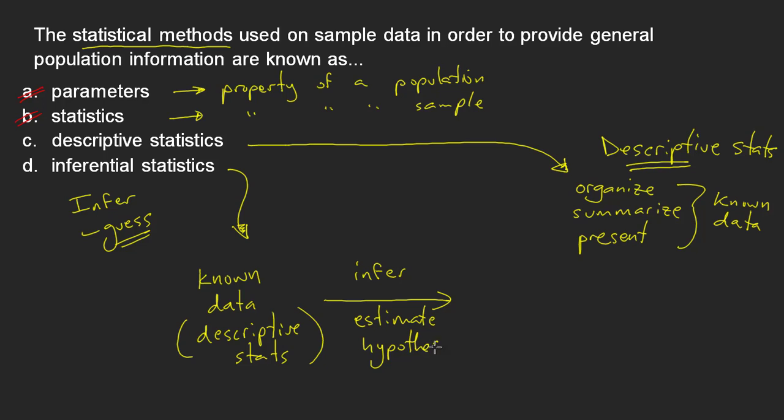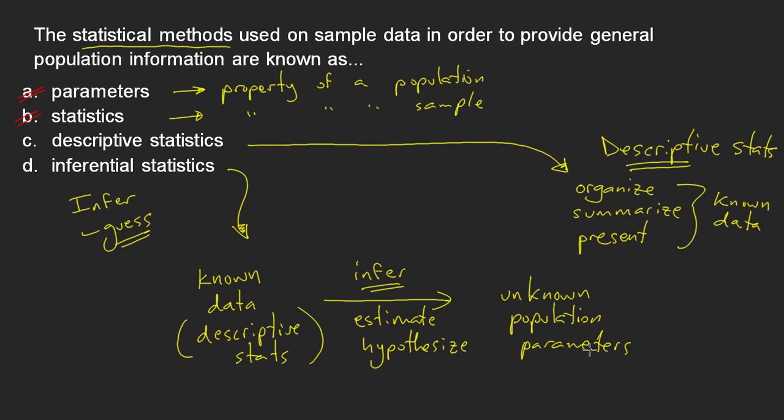These are just fancy names for educated guesses. Your inferential statistics is going to be when you use known data, so descriptive statistics, to infer unknown population parameters.